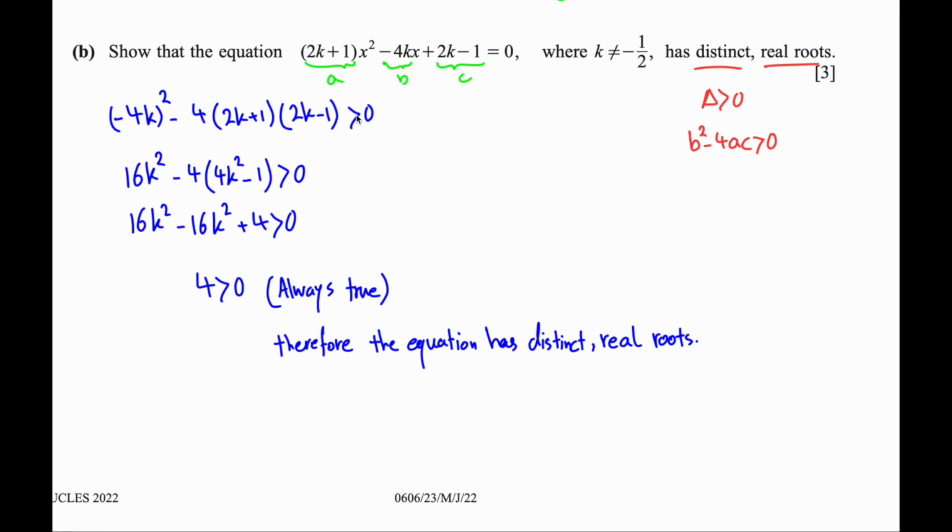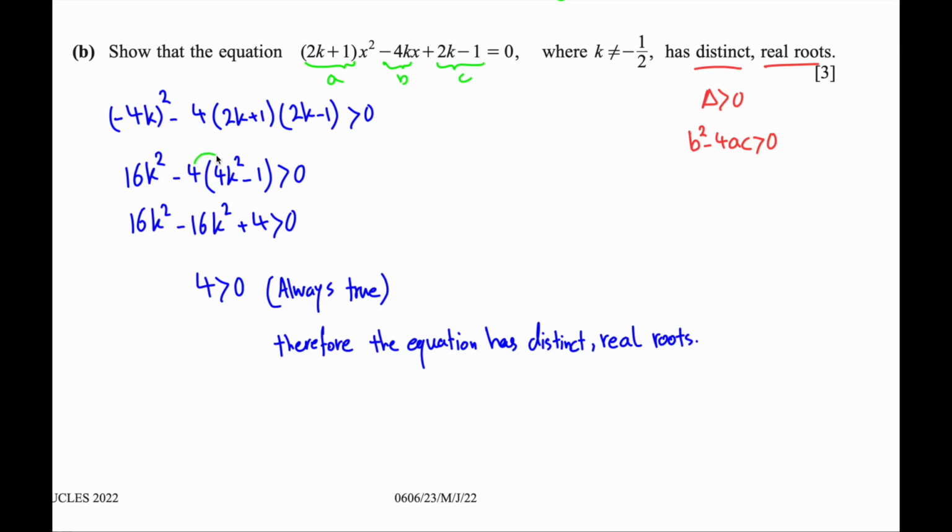So knowing that this is a, this is b, and this is my constant c, by substituting these into the formula and setting it greater than 0, you just have to expand these two brackets. You can use difference of squares. So first term is a squared minus second term squared, which is 1. Over here, the negative disappears. 4 squared is 16. K squared is K squared.